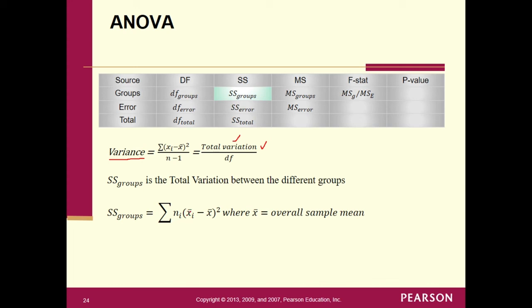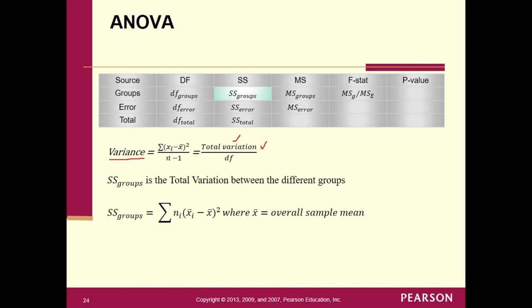So x bar sub i, okay? What is that? That is the individual sample mean from, say, the first group, from the first sample, all right? And then x bar 2 would be the sample mean from the second group, okay? And then x bar is the overall sample mean. That means if you put all the data together from all the different groups and averaged it, that would be x bar in this calculation.